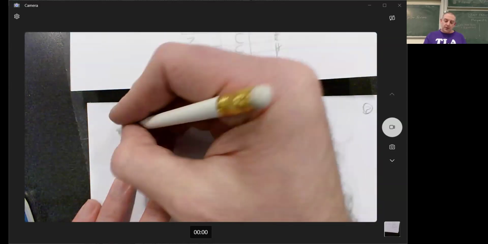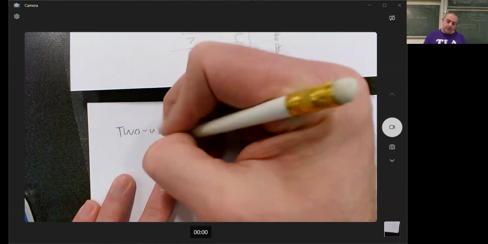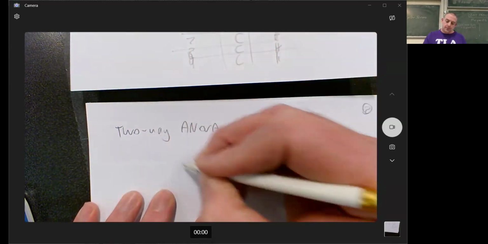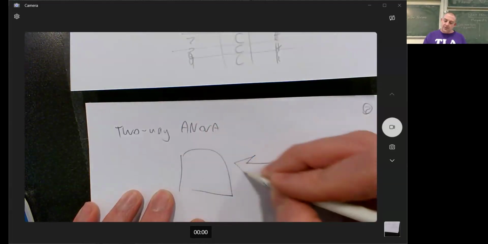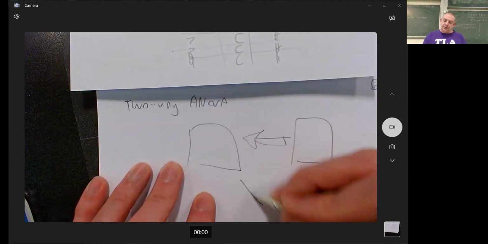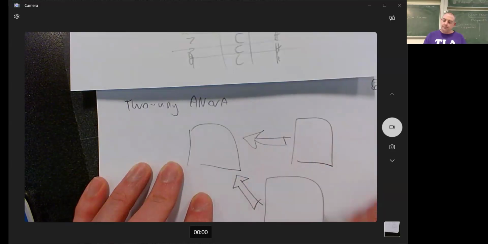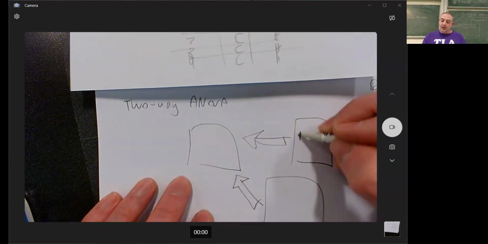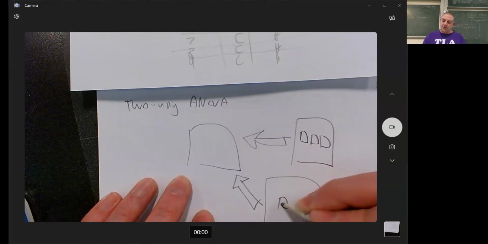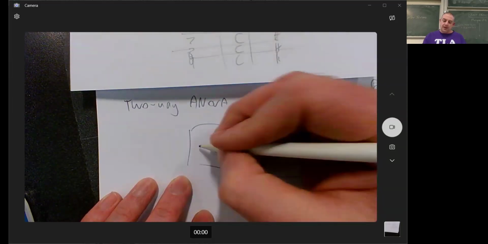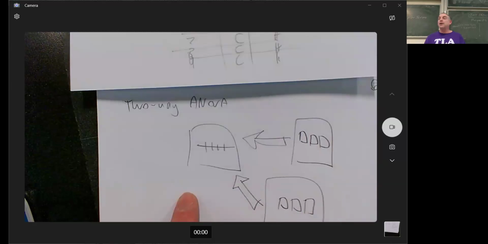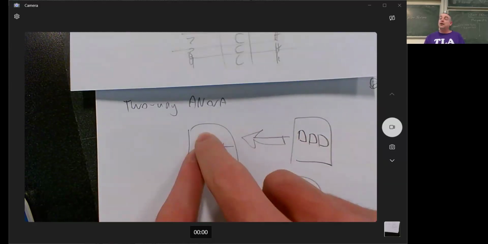But a two-way ANOVA has two ways to affect the outcome. So you'll have some categories here and some categories here, and a number as the outcome. That's what two-way ANOVA is. There are two ways to affect the outcome.